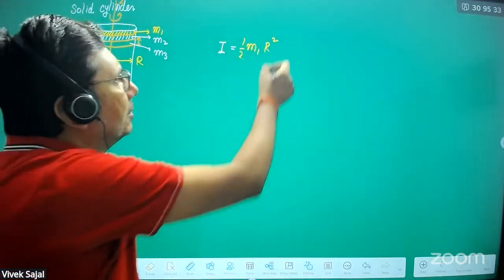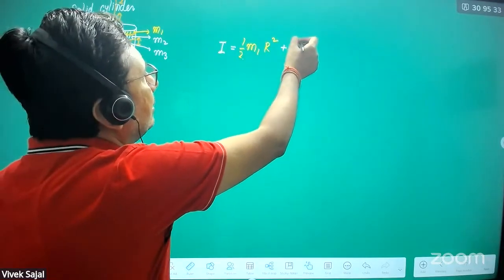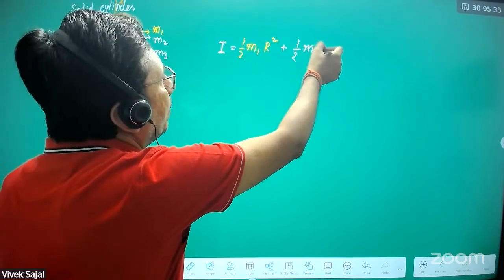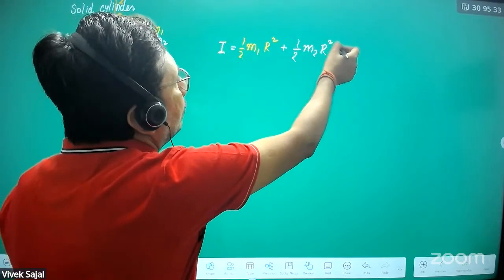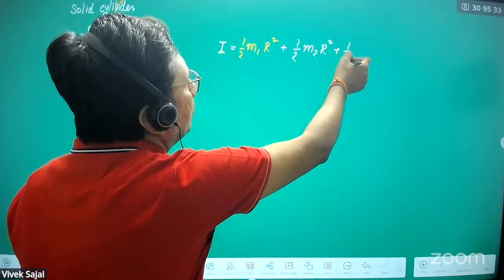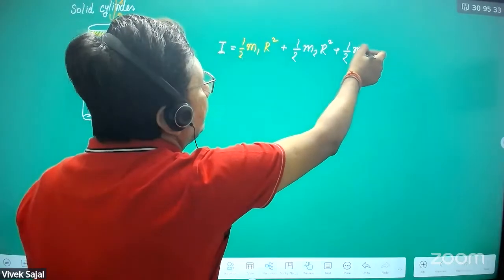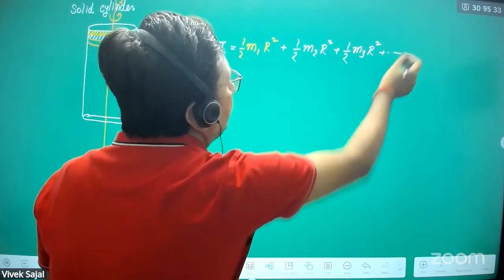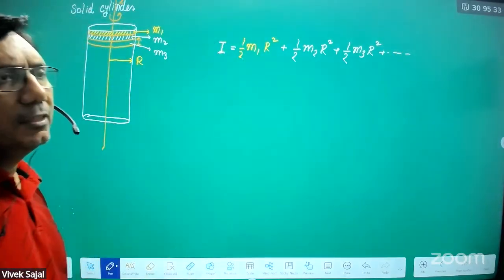So for the second disc, it will be 1 by 2 m2 r square. For the third one, this will be 1 by 2 m3 r square. And we are going to continue with this.